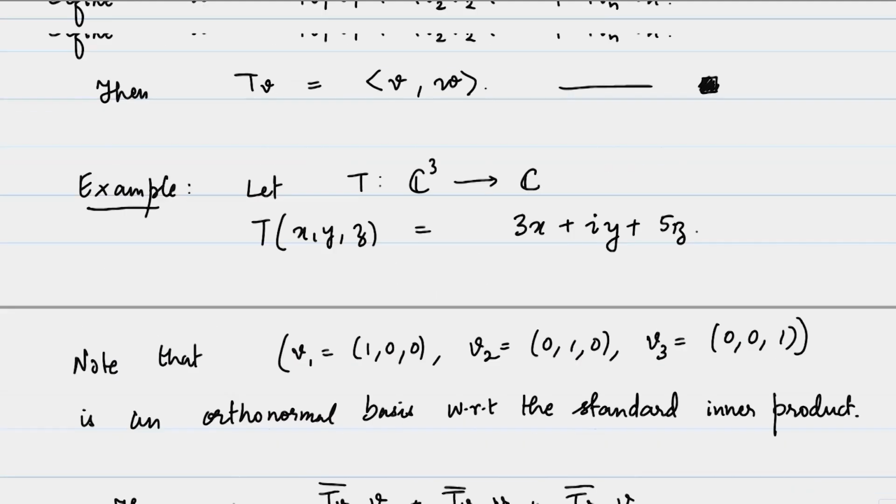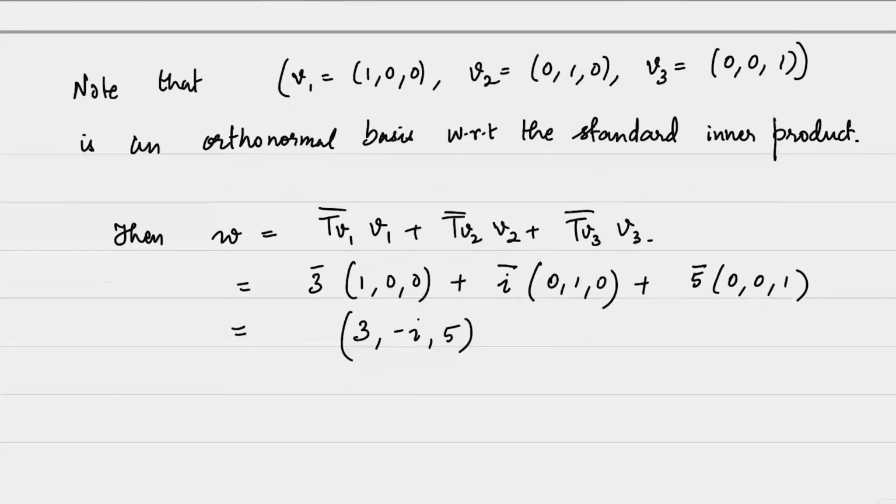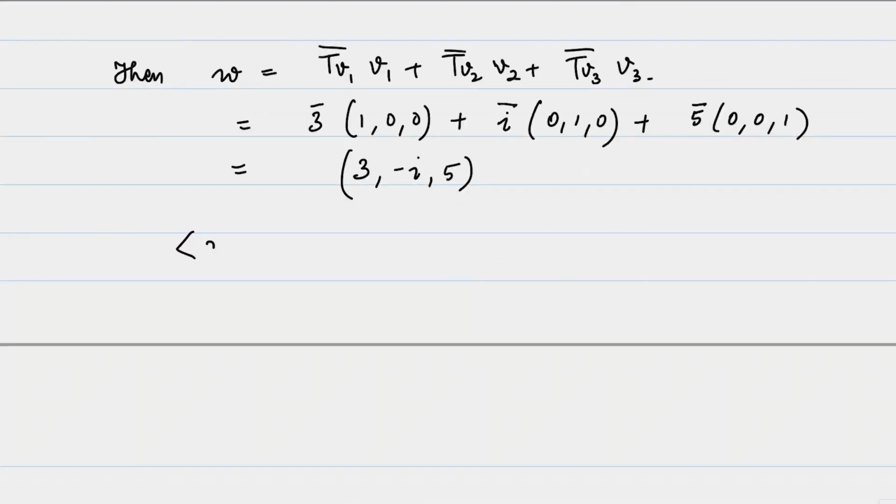And that's precisely what we were expecting, right? Why? Because if you look at the inner product of x, y, z with 3, minus i, 5, remember that for the second vector, the conjugate is what will be contributed.